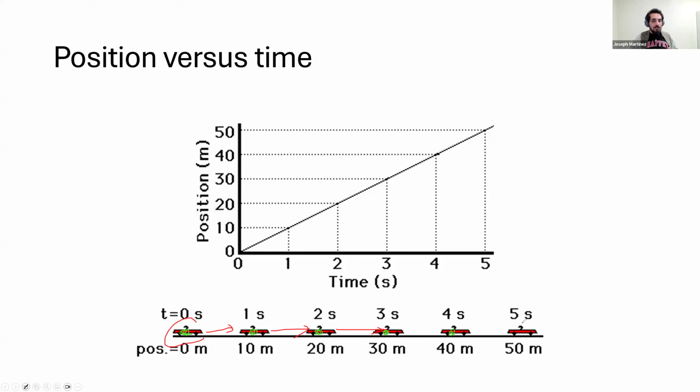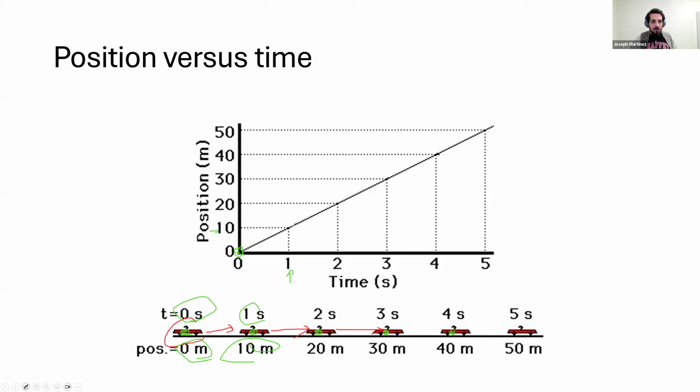So we have this motion of this cart moving from left to right, and we can graph out the motion. We can graph out position versus time. If you remember, in the first part of the pivot activity, it asks you to create one of these graphs. We say, okay, 0 seconds, we're at 0 meters. At 1 second, we are at 10 meters.